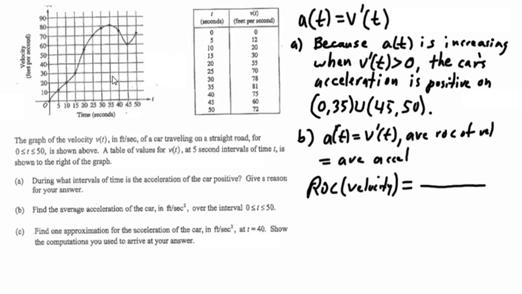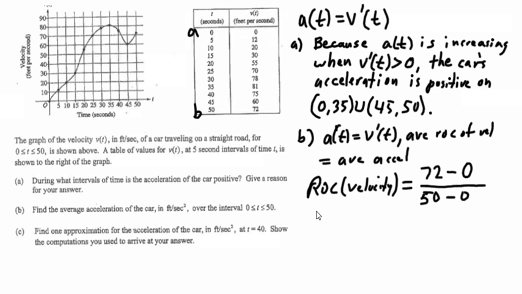if we look at the table, at 50 we have an output of 72, and at 0 we have 0, so this would be b at 50 and a at 0, and then we have 50 minus 0.